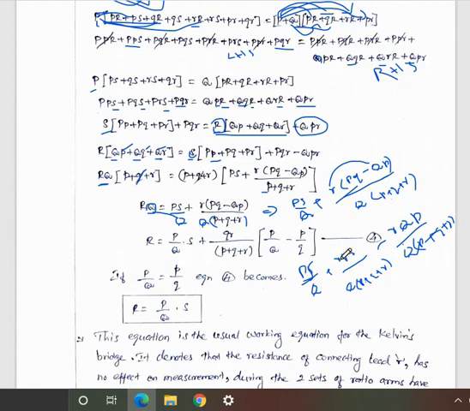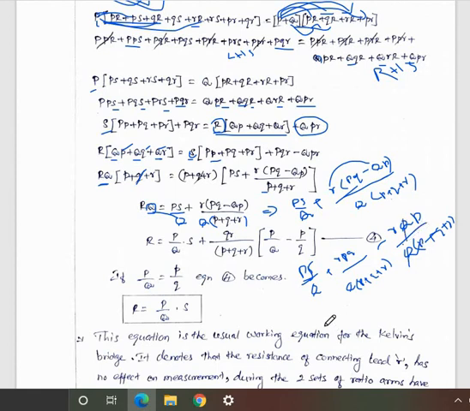So here small r capital P Q, and the denominator Q into P plus Q plus R. So small r capital Q P divided by capital Q into P plus Q plus R. Q is common here, so we can eliminate this.